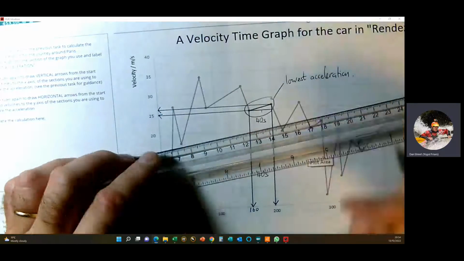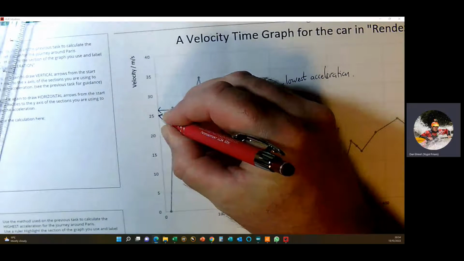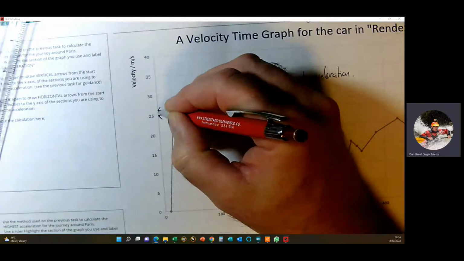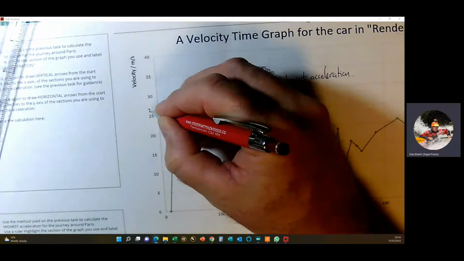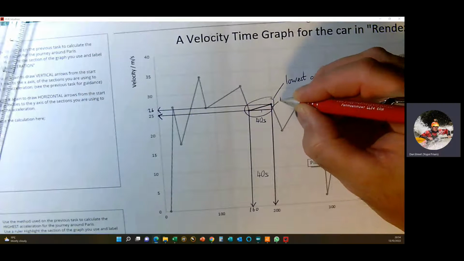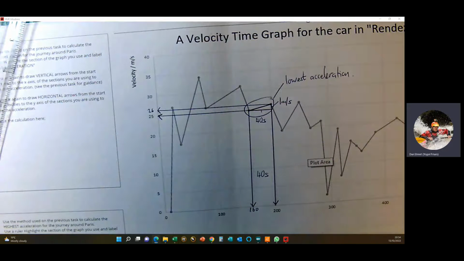Again, the scale on this graph isn't entirely useful, but we can probably estimate that's 25 meters per second increasing to 26 meters per second, making that a 1 meter per second increase in velocity.